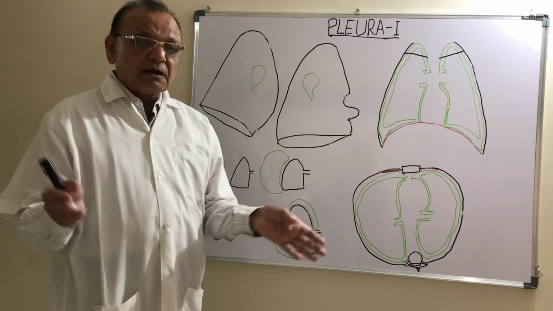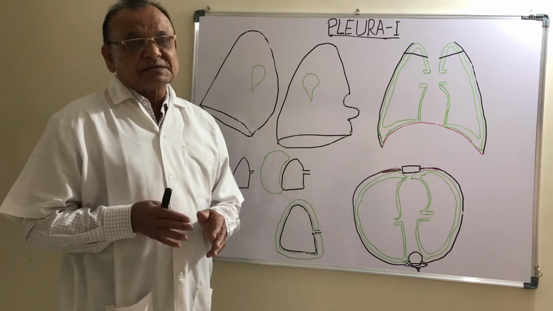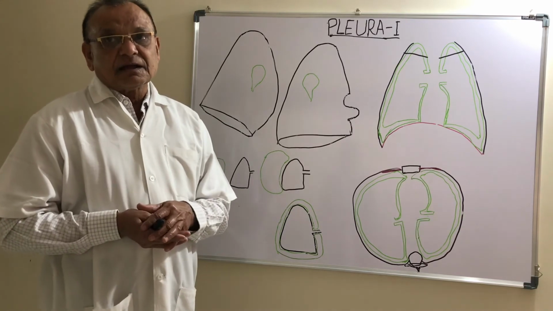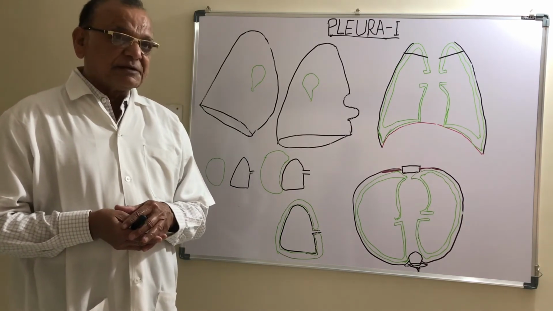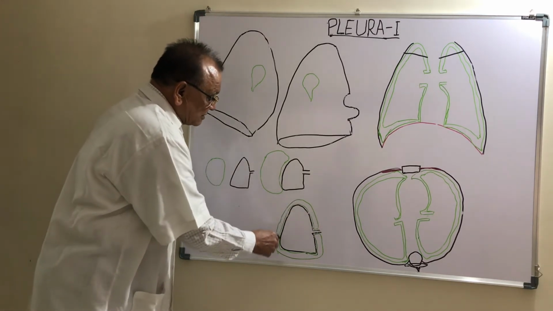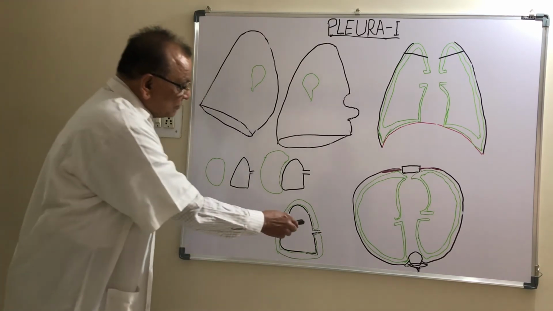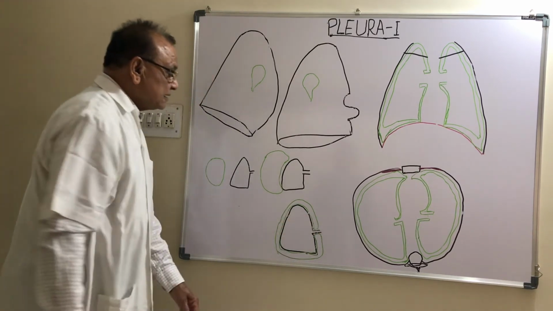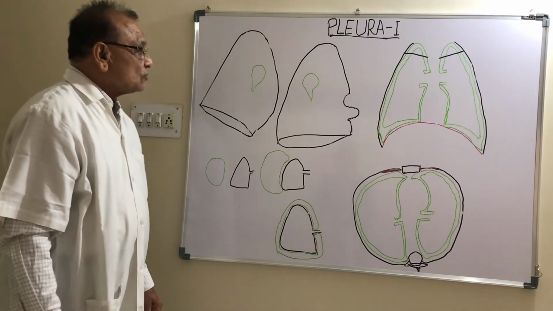So during lung movement, friction occurs between the visceral layer and the parietal layer. This friction is minimized by the serous fluid present in the pleural sac.